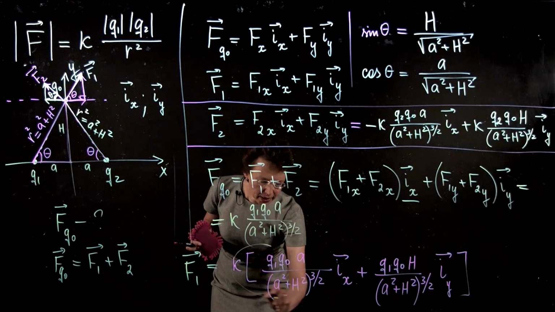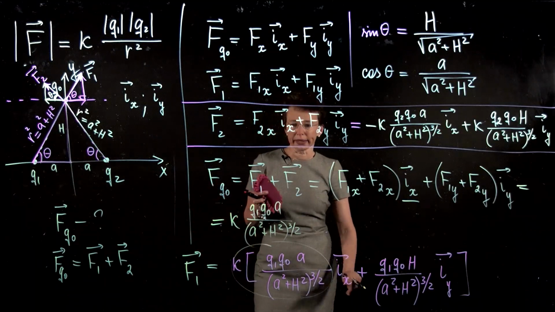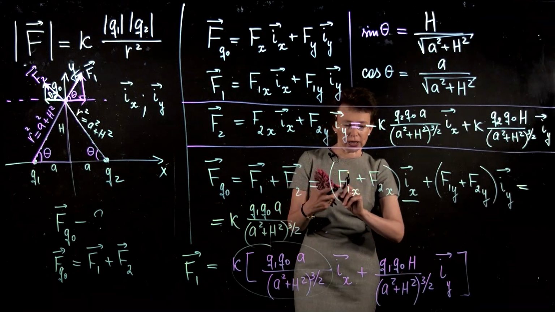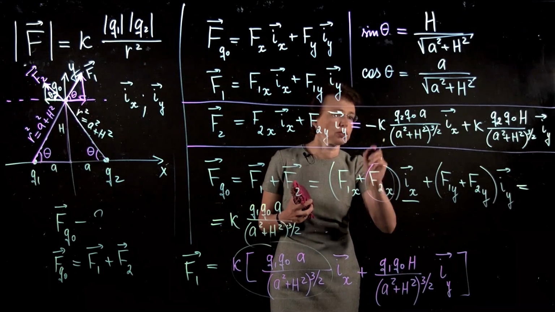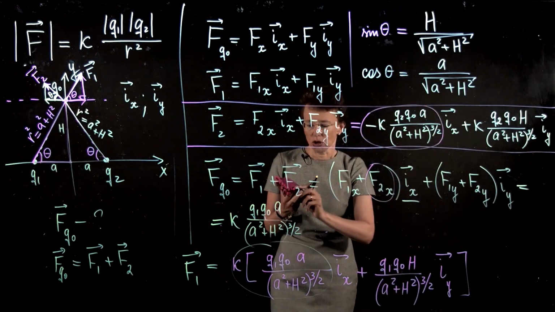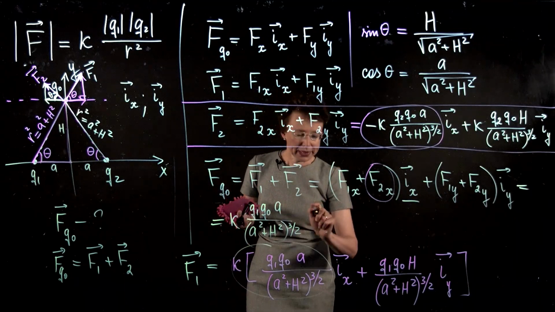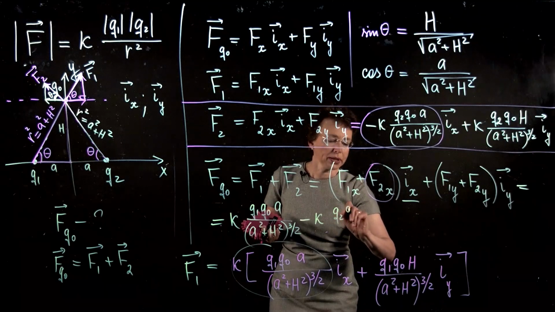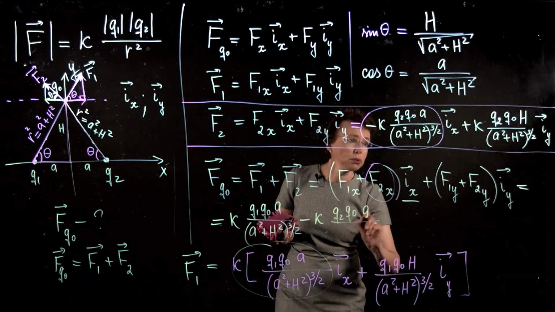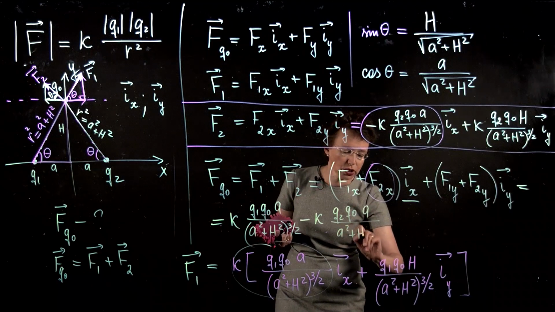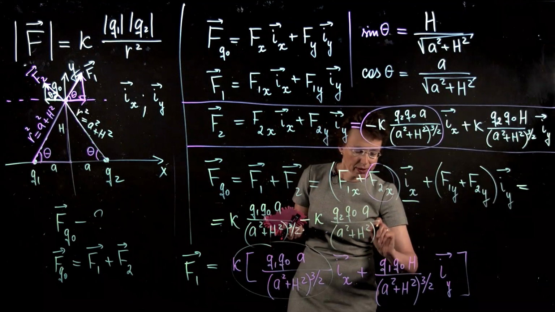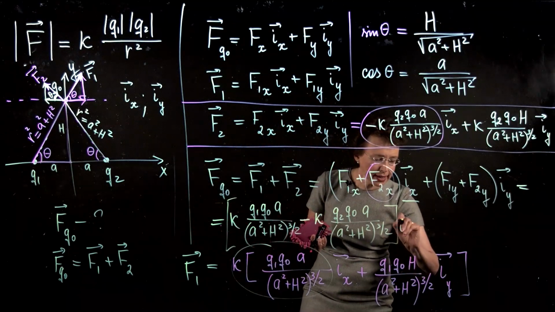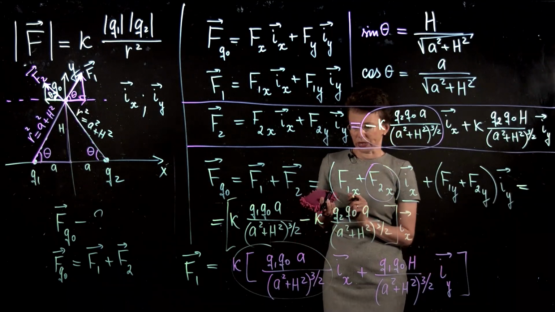This is my x component of F1. I need to add the x component of F2, which is right here. It is negative. So I put minus k, q2, q naught, a divided by a squared plus h squared to 3/2. And this will be my ix. It will be the x component of the resultant.